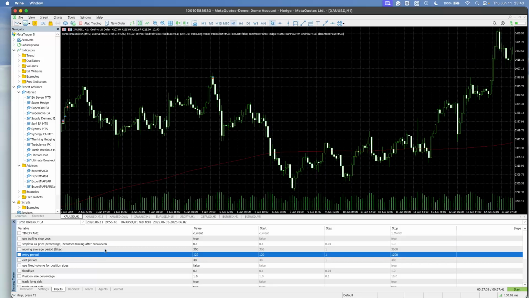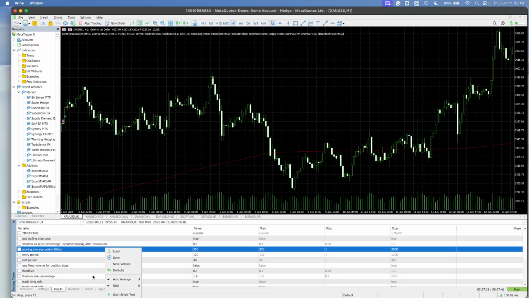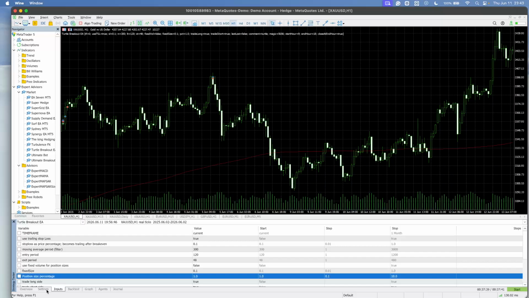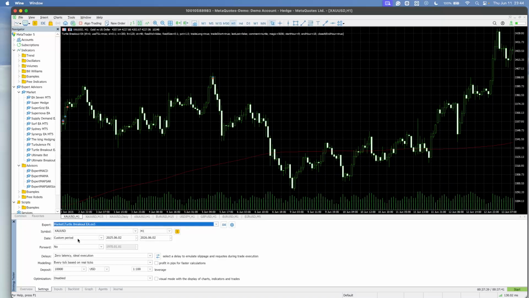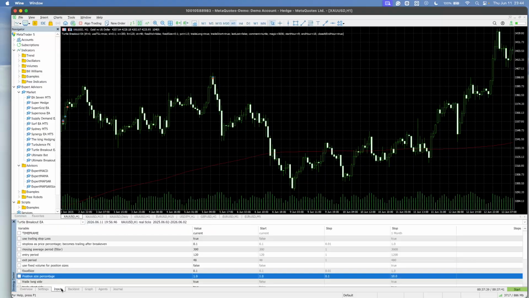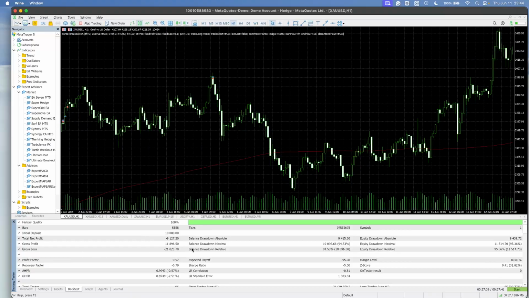settings. For my backtest, I used the default settings from the developer, and this backtest was from June 2025 to June 2026 on a $10,000 deposit on XAUUSD on the 1 hour time frame. And total net profit came in at a loss of about $9,127.